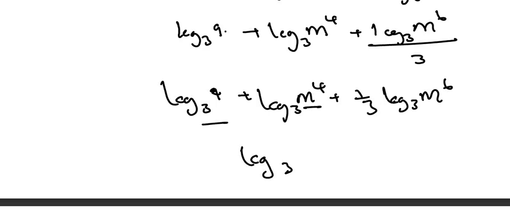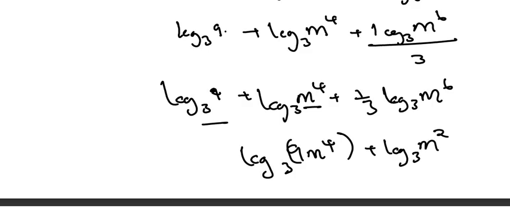That will be log 3, 9 and m4. Then this is just plus log 3 m squared. 1 over 3 times 6 gives us a 2, because we take the power back, right? That's where the 2 is coming from. Yeah, so that's what we have.